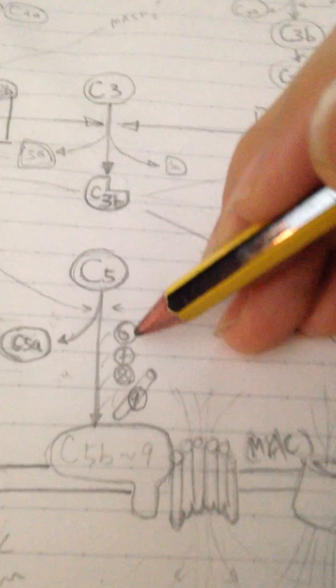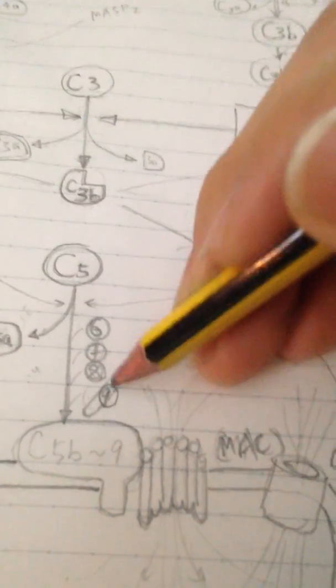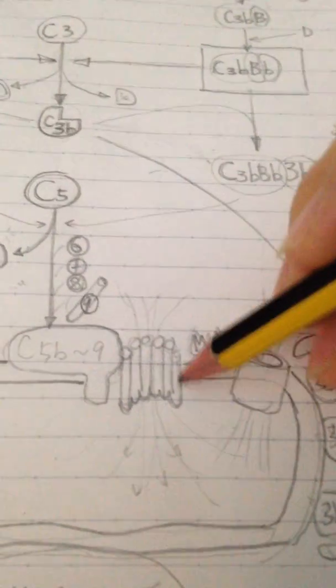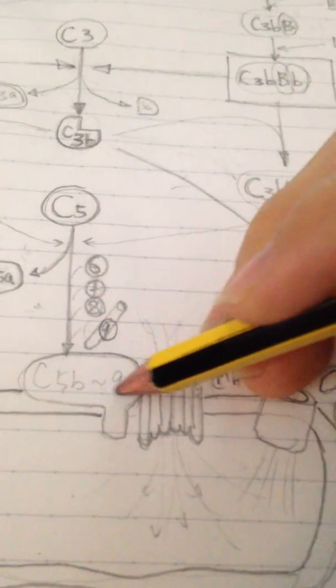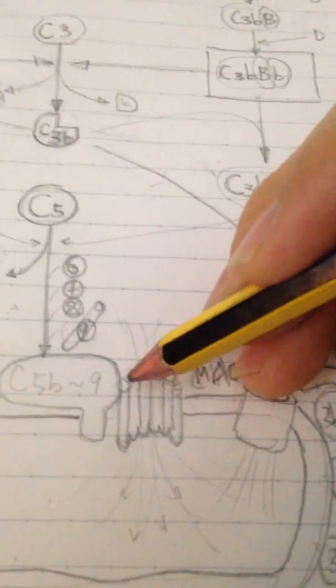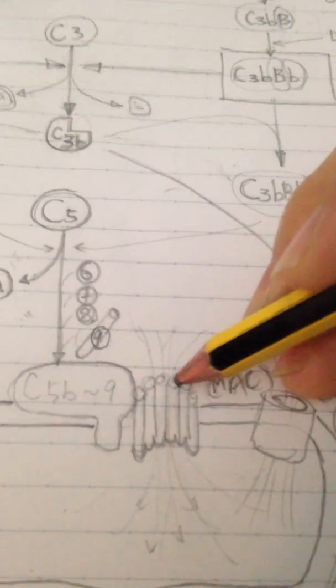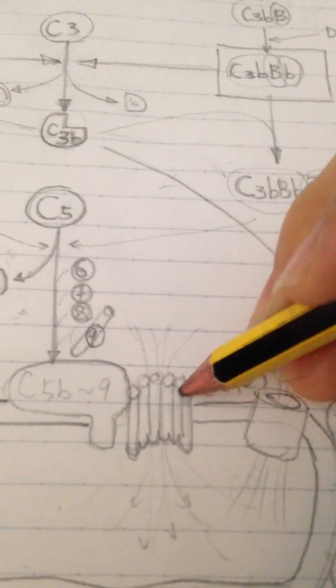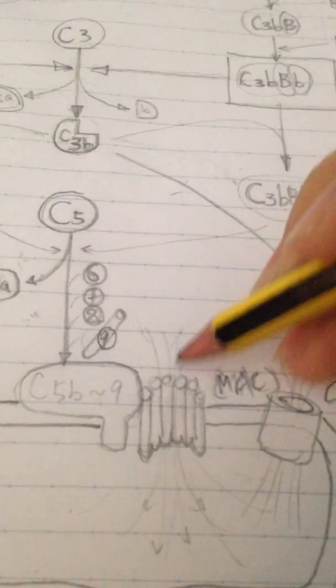Once C5b is around, it will attract C6, C7, C8, and C9 to make this kind of complex. And this is C5b to 9 basically, and these are all parts of C9, which will slot itself in, and it creates a pore onto the pathogen.